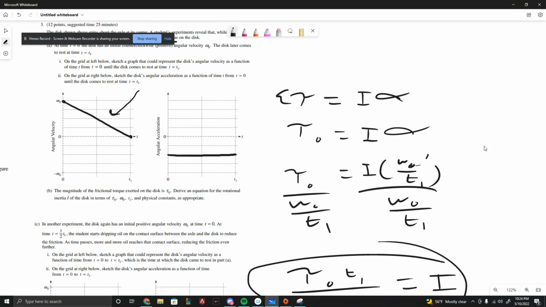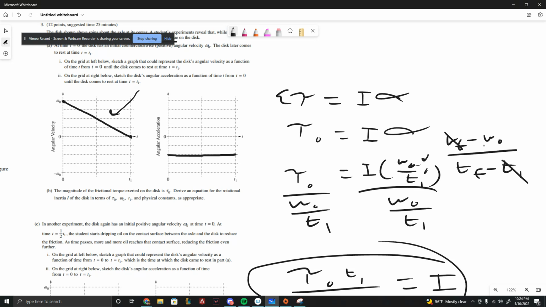But yeah, if you're wondering why this isn't omega final minus omega initial over T final minus T initial, I want you to think really quickly. Omega final is 0, so this gets crossed out. So it's just negative omega naught, basically. And T initial is 0, so this becomes crossed out.